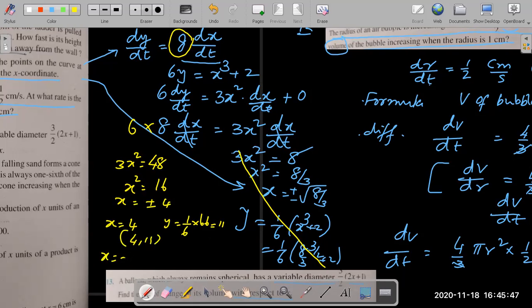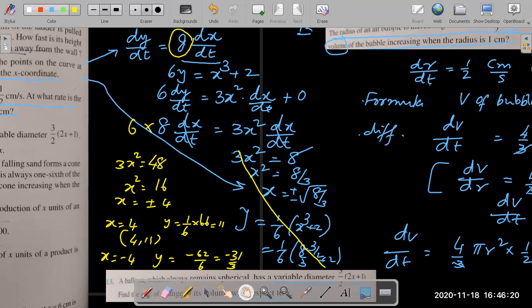When x equals minus 4, y is equal to 1 by 6, minus 64 plus 2, that is minus 62. So that's equal to minus 31 by 3. So that's the answer. These are the two coordinates.